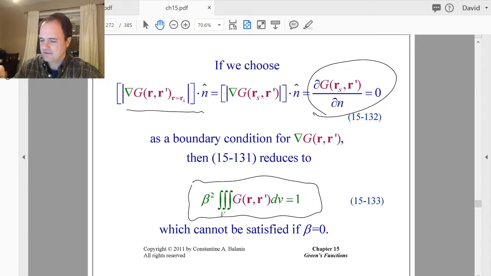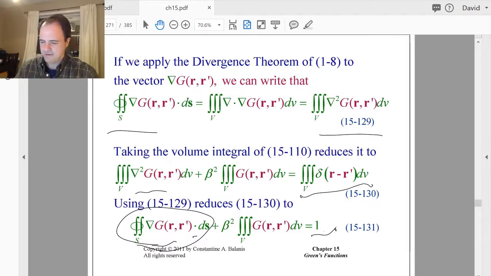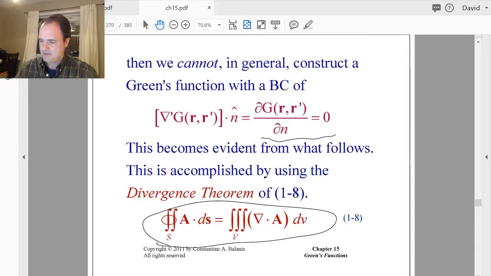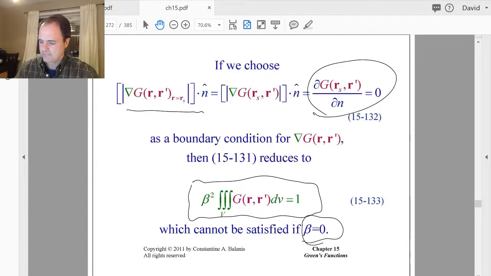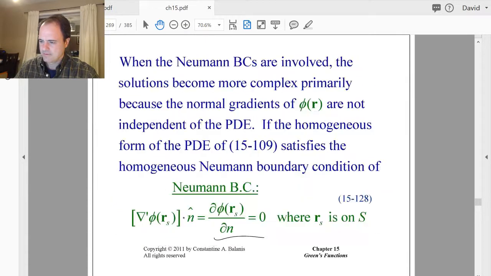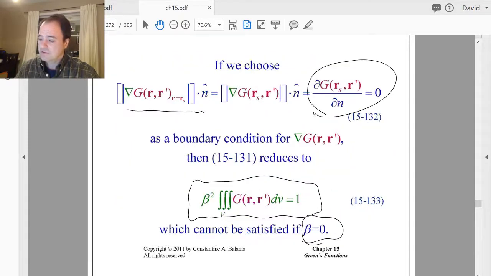which cannot be satisfied if beta is 0. So if beta is 0, then this can't be satisfied. 0 is not equal to 1. And you have to be able to allow for beta being equal to 0. And so that excludes the possibility of setting this to be uniquely 0.